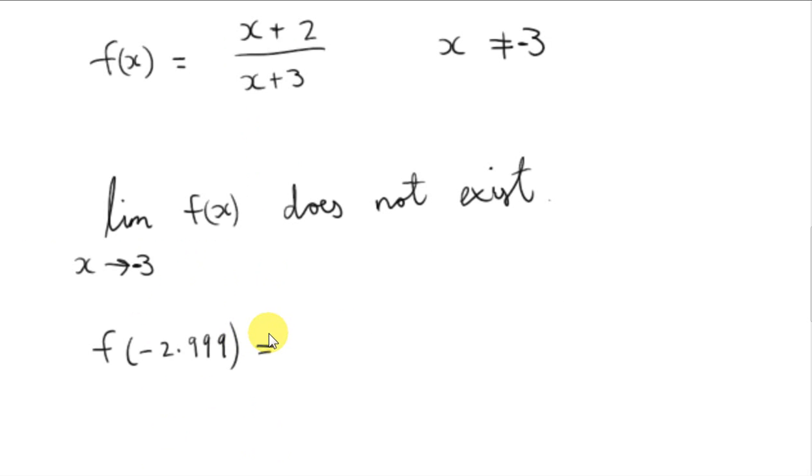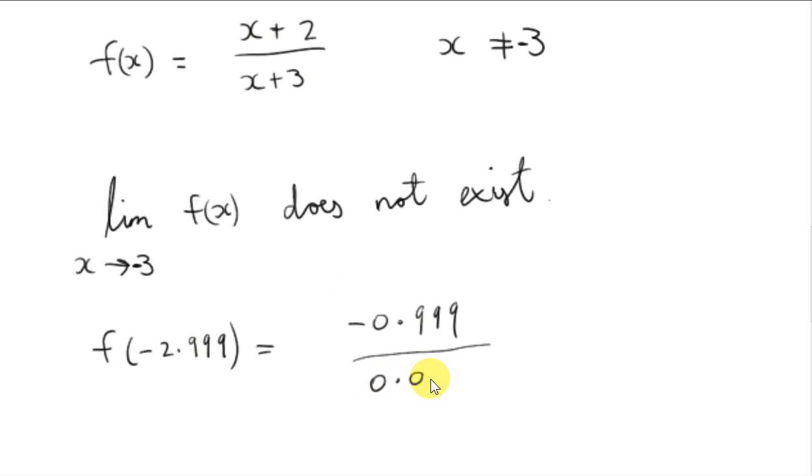Just to see what's going on a little more clearly, let's take a value that's close to minus 3, like minus 2.999, which is actually greater than minus 3. If we plug this in, we get minus 2.999 plus 2. Well, that's minus 0.999. And in the denominator we have minus 2.999 plus 3.